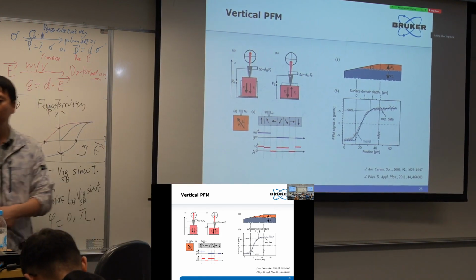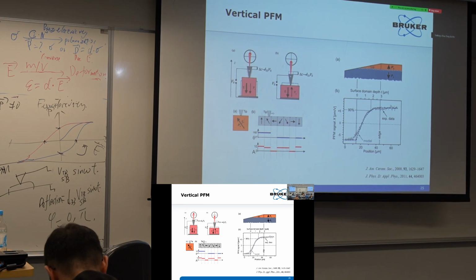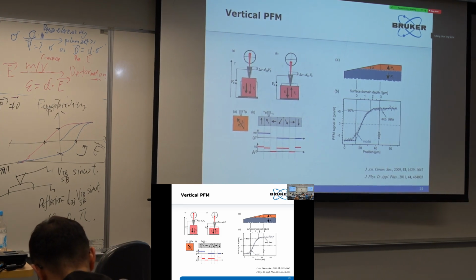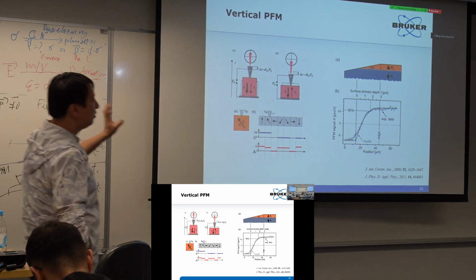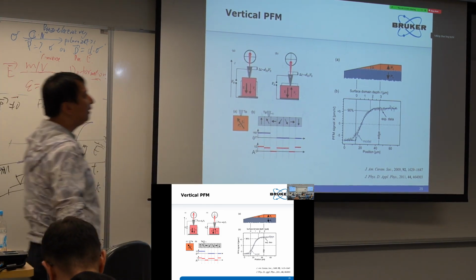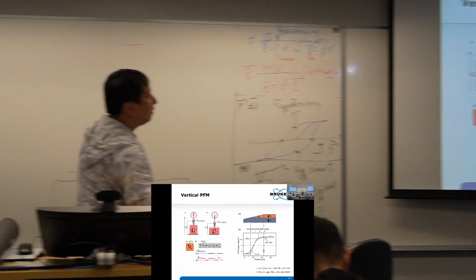So usually one signature of PFM is that our amplitude is always positive, and the phase is always 0 or pi. It cannot be other values. That's PFM.